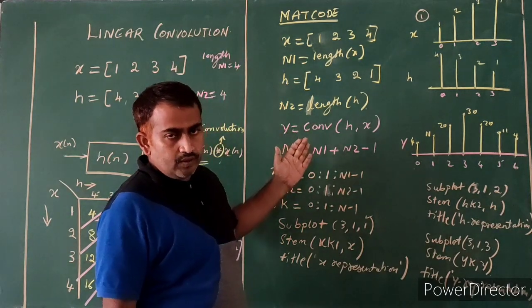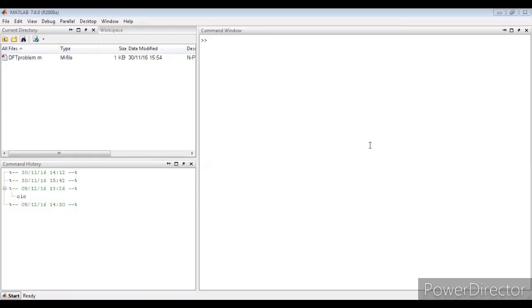convolution. I welcome you all to the practical session of the linear convolution problem. First, we have to open the MATLAB software. Now, in the current directory, you can observe that last class we did a DFT problem, which is already available there. Now we want to do the linear convolution problem with the help of MATLAB. Now let us write the program in an editor window.